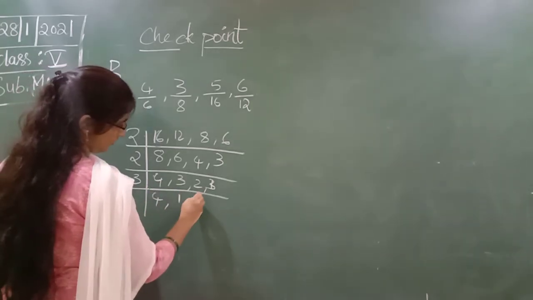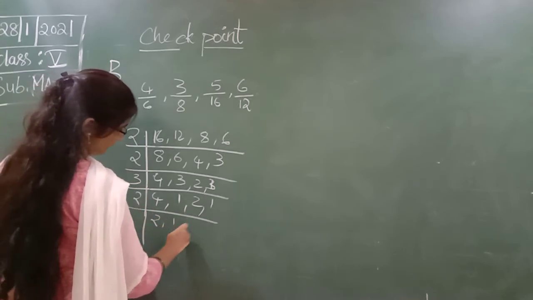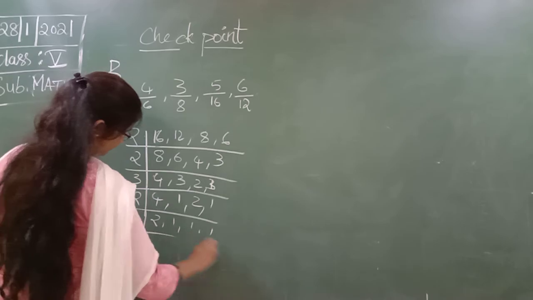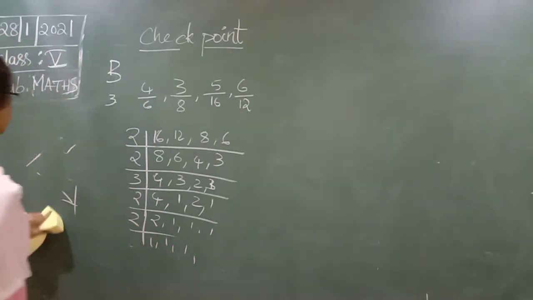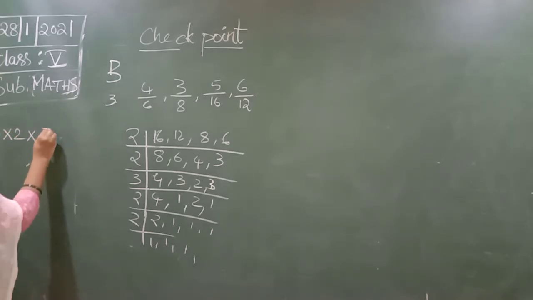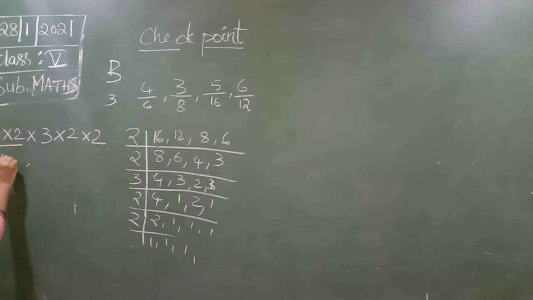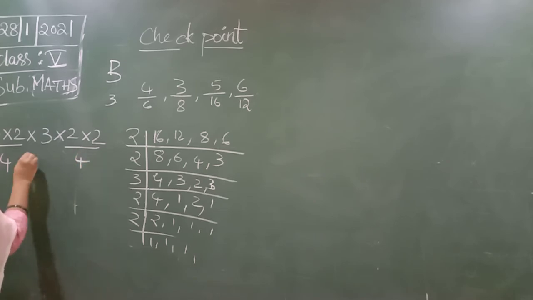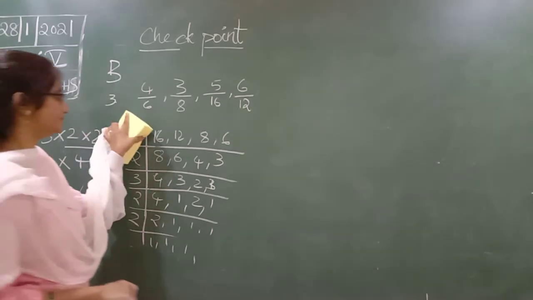Take 2 again, and we get all ones. So the LCM is 2 into 2 into 3 into 2 into 2. 2 2s are 4, 2 2s are 4, 12 into 4 is 48.